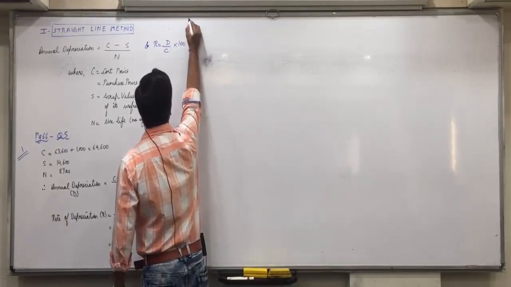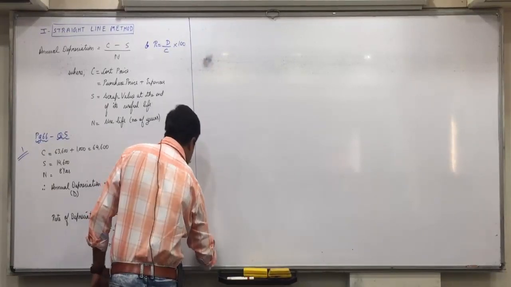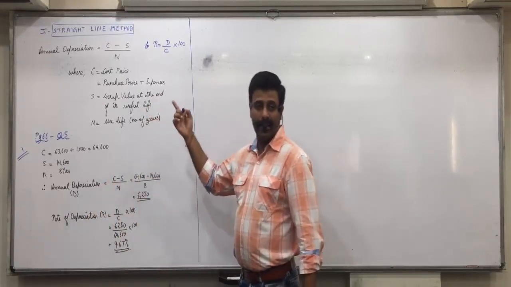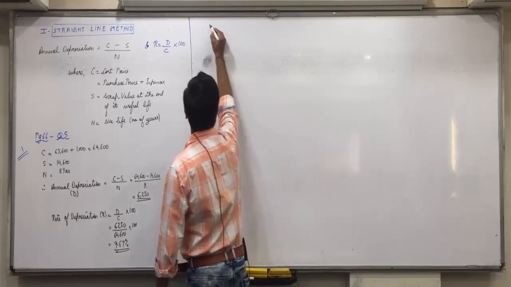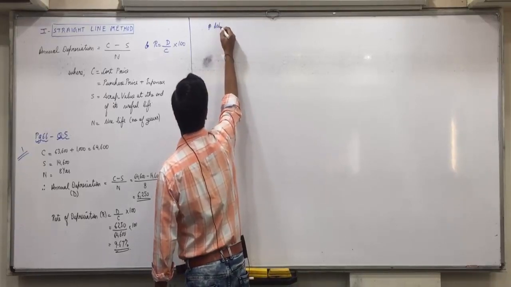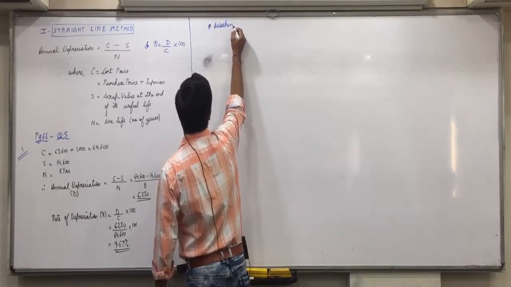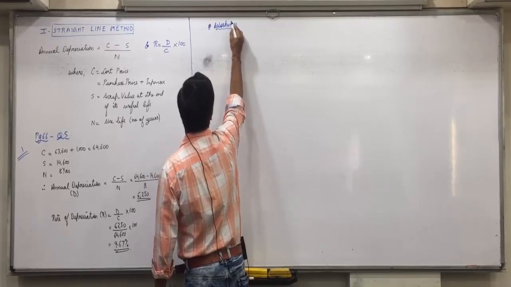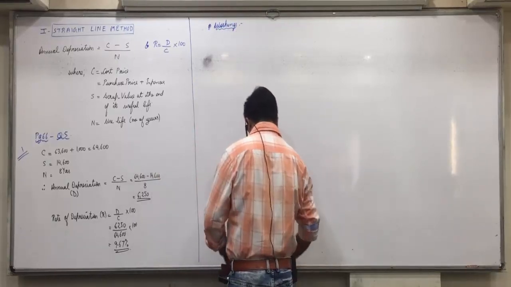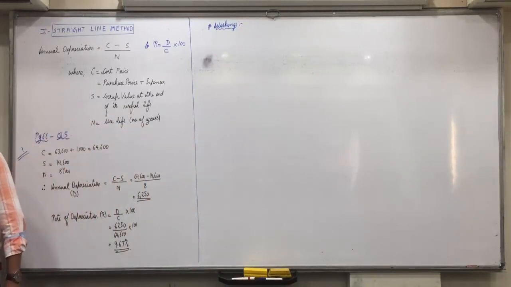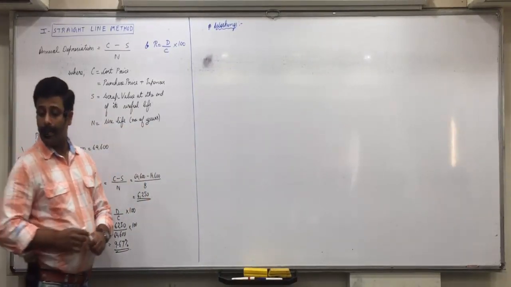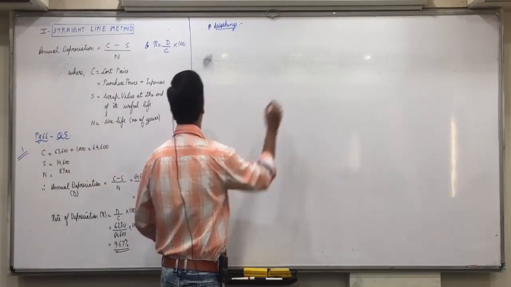Okay. So that workings will be done in this manner, the same manner as I explained to you yesterday, how we count the depreciation in SLM and how we count in WDV. So workings. What is the date of purchase? 1/4.